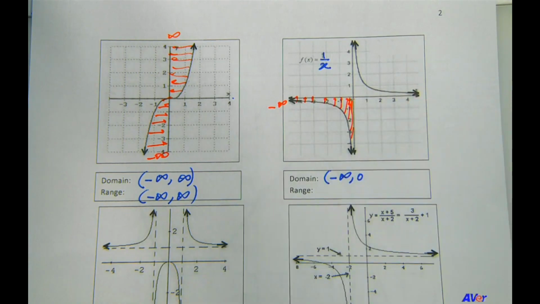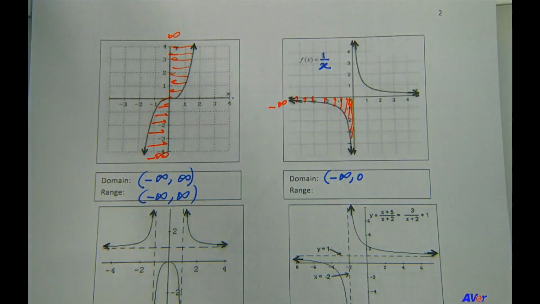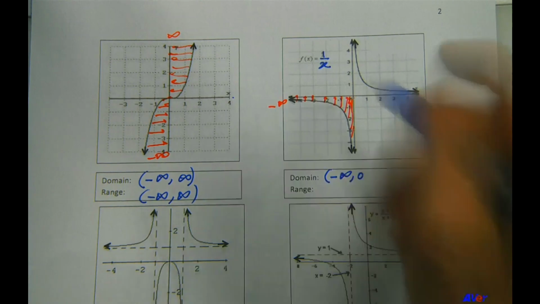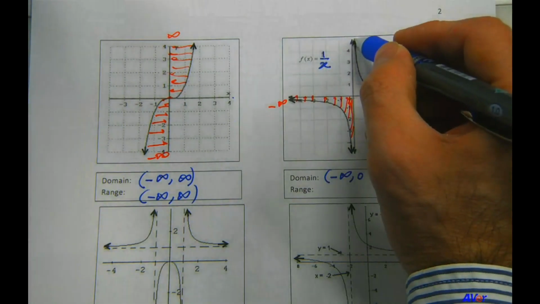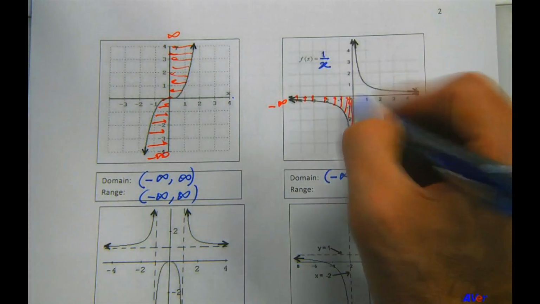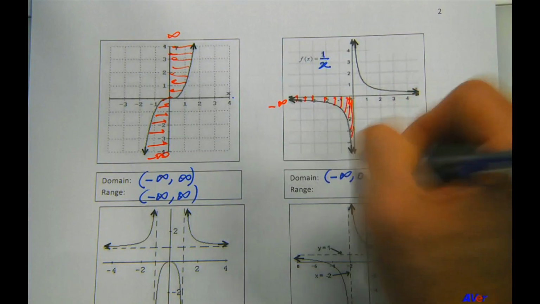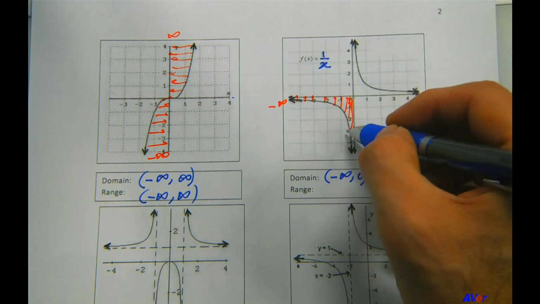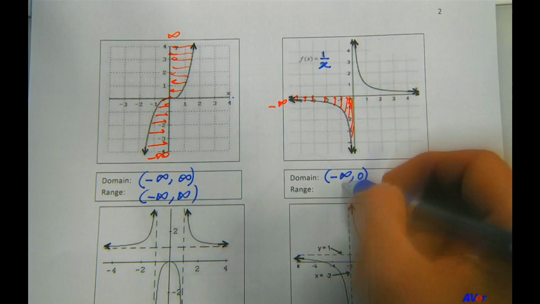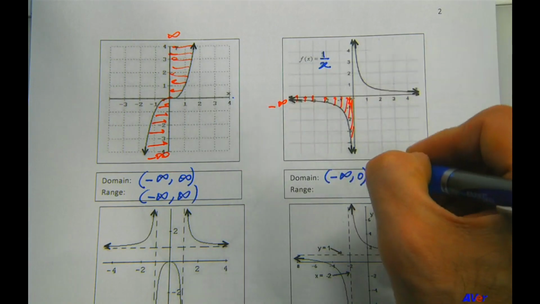We will get to that later in this course, and it's also an important part of trigonometry when you discuss conic sections in Math 127. It will never attain 0, so that will be a parenthesis, not a bracket. The domain for this piece is that. What about the other piece? Well, union.